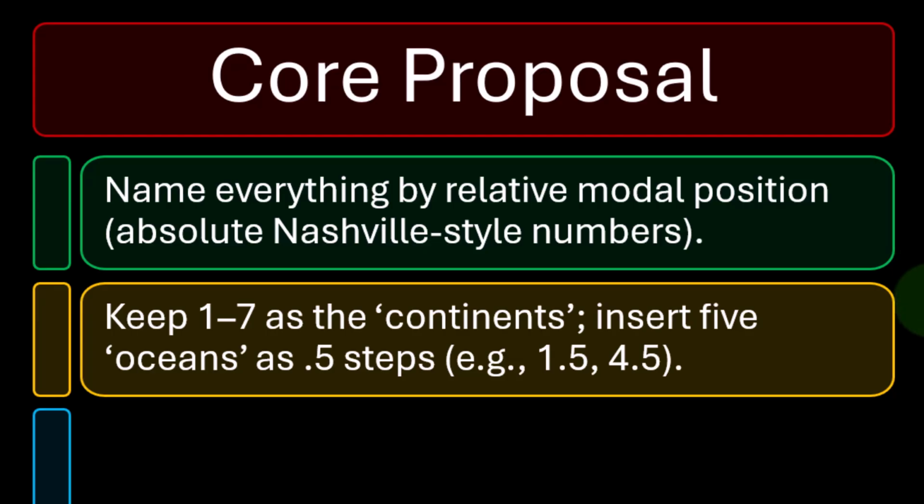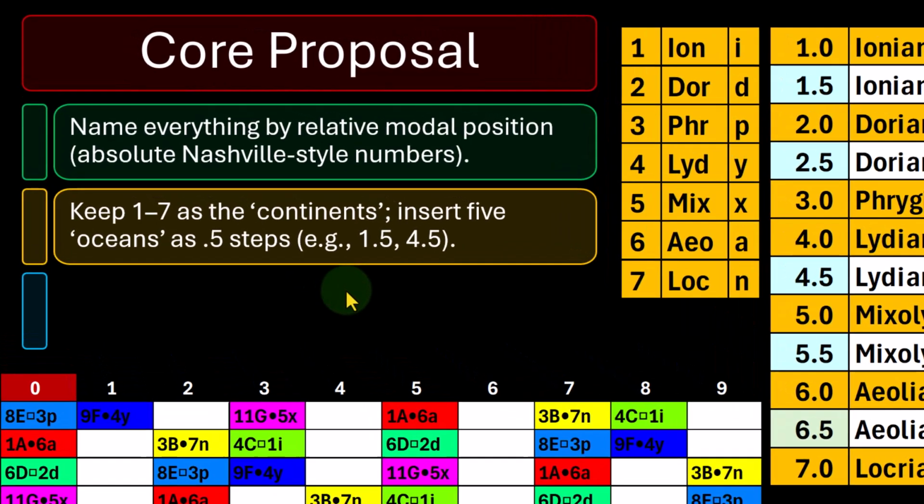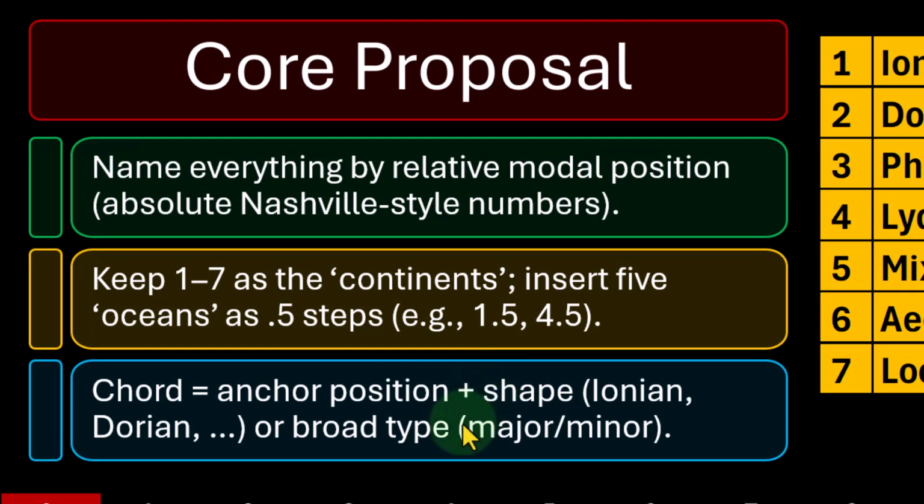So we keep 1 through 7 as what I call continents in our Earth analogy, 7 continents, 5 oceans, and we insert 5 oceans, which would be the 0.5s, 1.5, 2.5, 4.5, and so on.